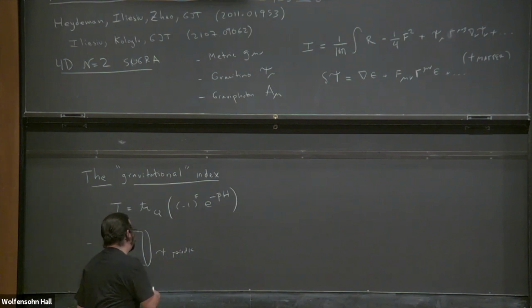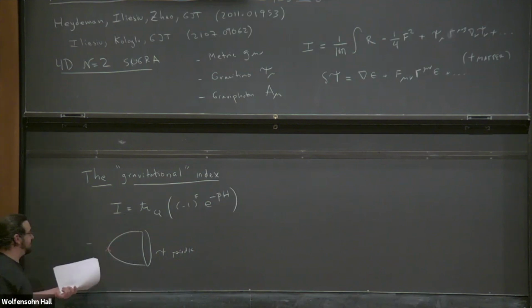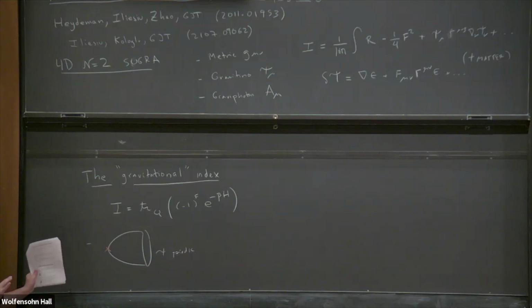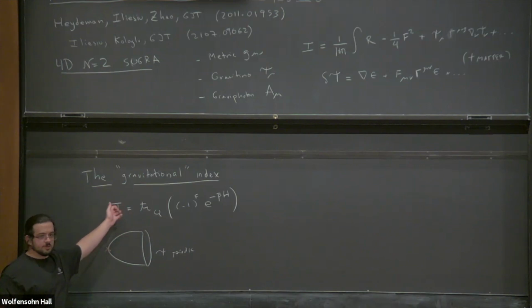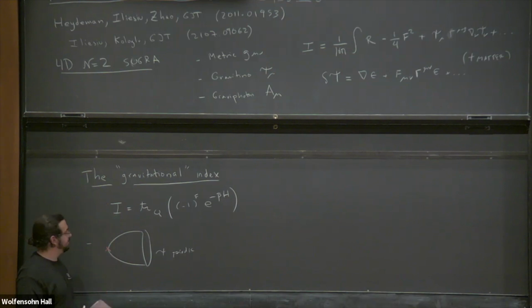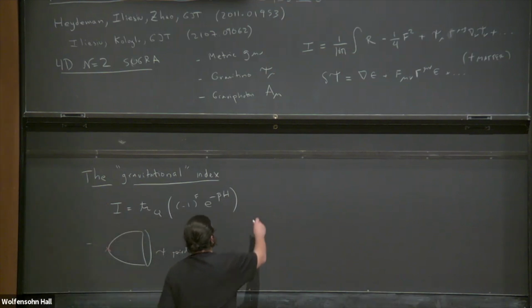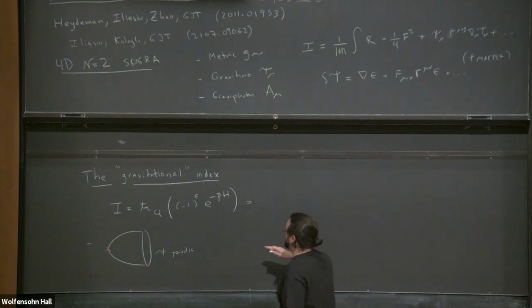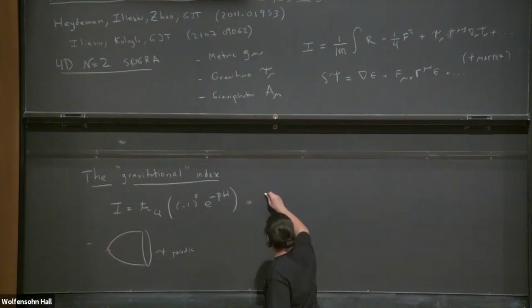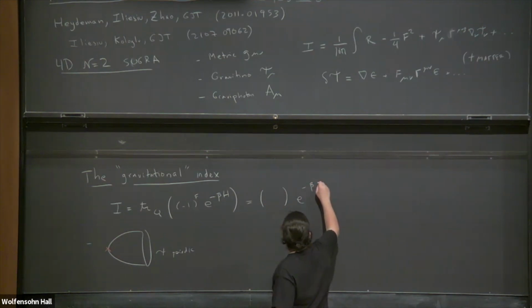Another problem is that if you actually compute the path integral, basically the fermions are irrelevant if you forget about that singularity, and you get an answer that is not consistent with this being controlled by only supersymmetric states. By that I mean that we should do a calculation where we get some number times e to the minus beta q.